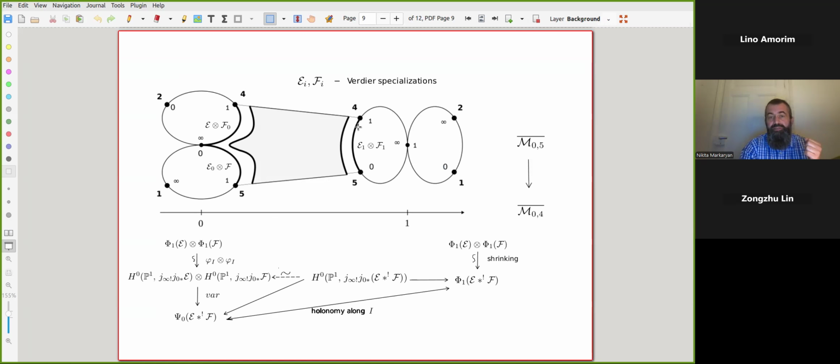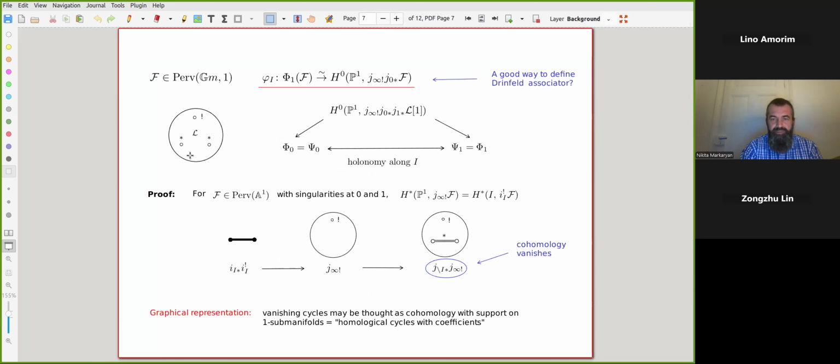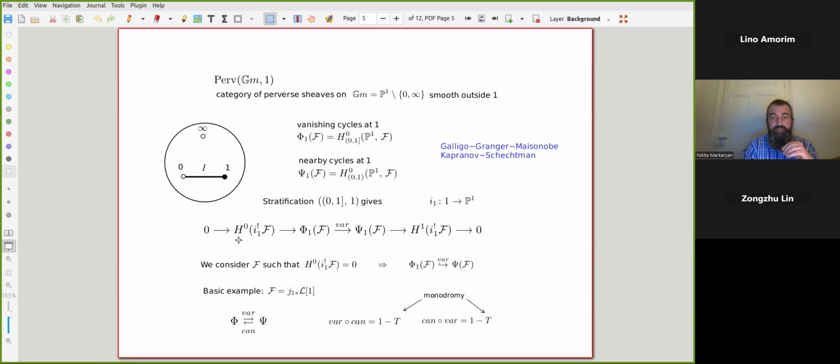So I missed something, sorry. Due to this isomorphism, I can now present vanishing cycles by one cycle.